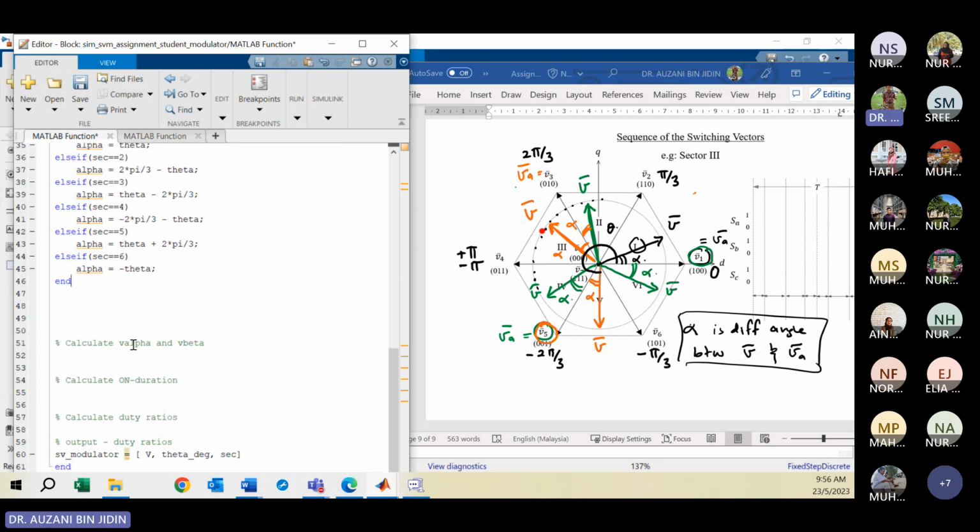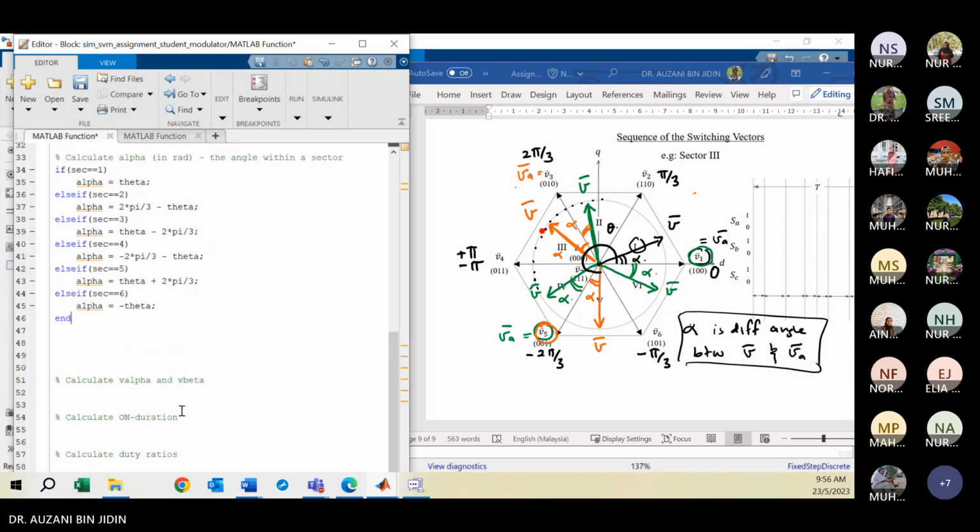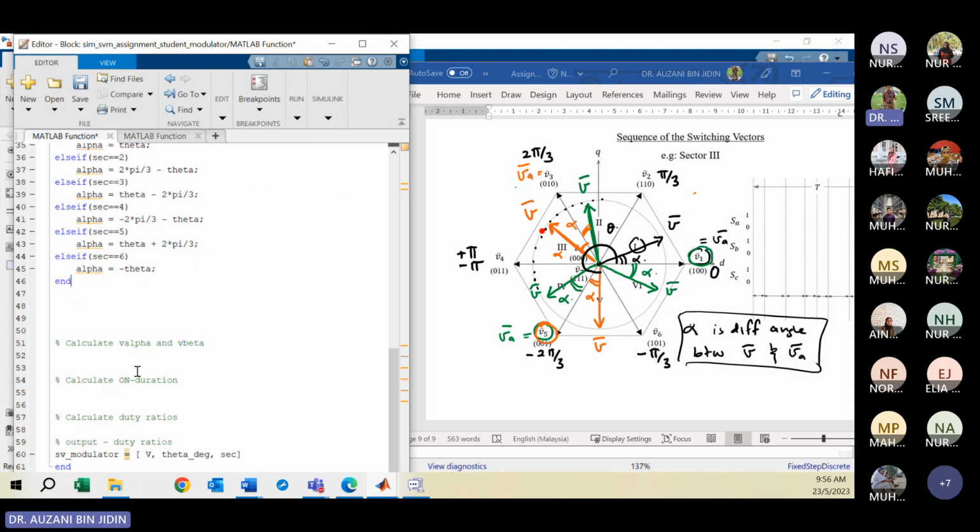The next step, you need to calculate the V alpha, V beta, the on time, and the duty ratio. Now try to do this one at home. Set the input, then run the simulation, observe the result, then check by calculation.